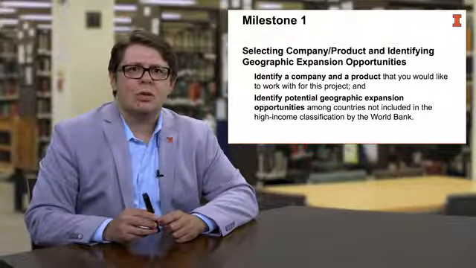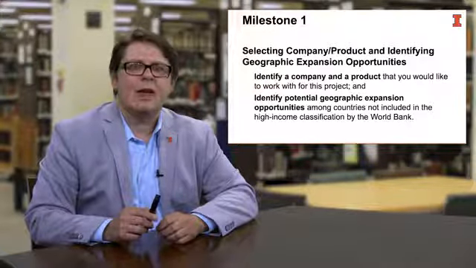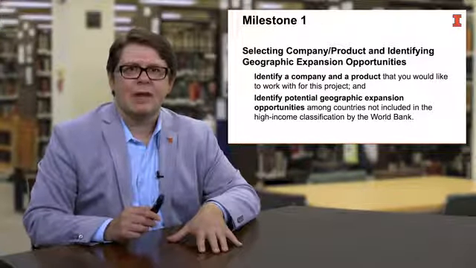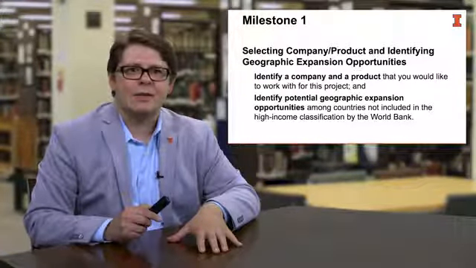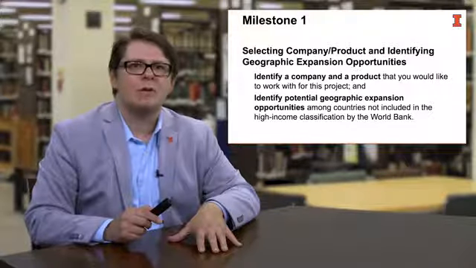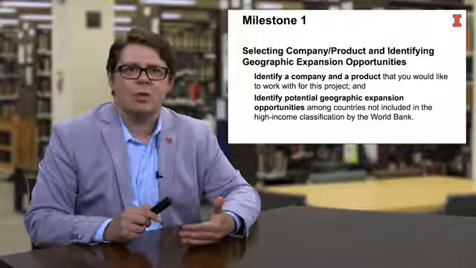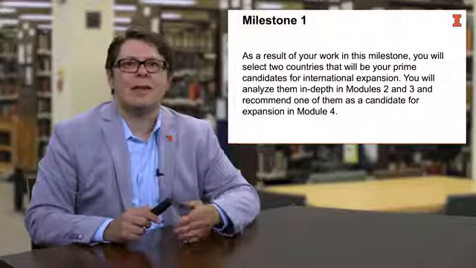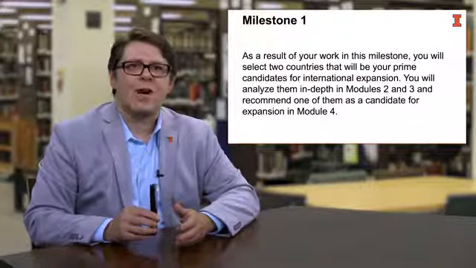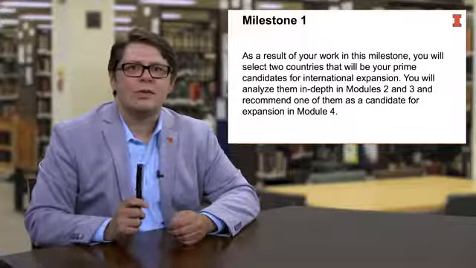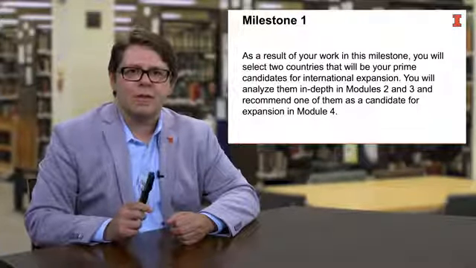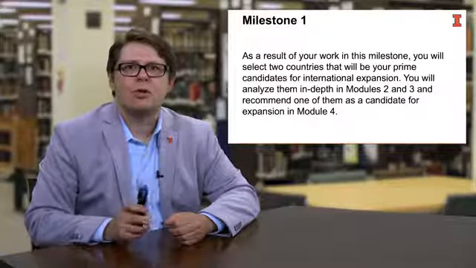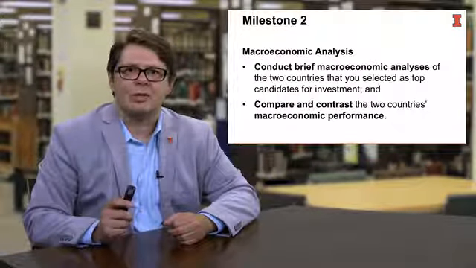And then you're going to identify a number of countries that are classified as countries that don't belong to the high-income countries by the World Bank. And you are using statistical analysis to figure out which ones of those 10 countries you're going to select as your top 2 candidates for this project.